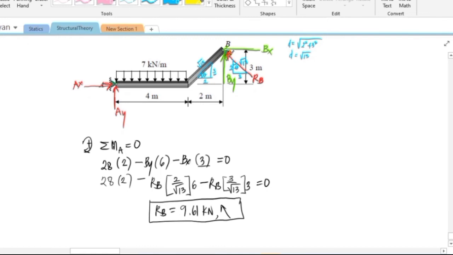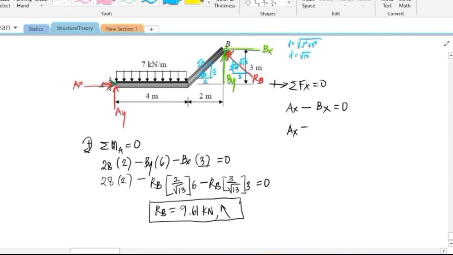Now, solving for the reaction at x, so summation of forces in x is equal to 0. Taking the direction to the right as positive, then we have AX directed to the right minus the BX which is directed to the left is equal to 0.